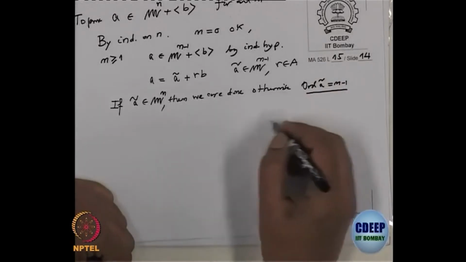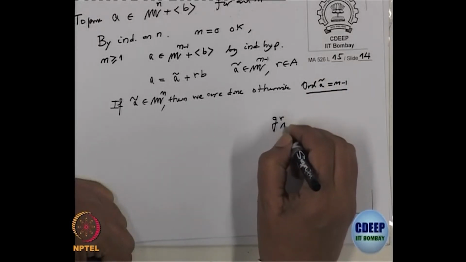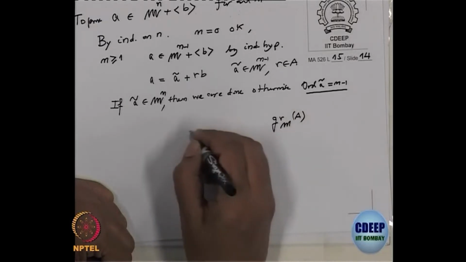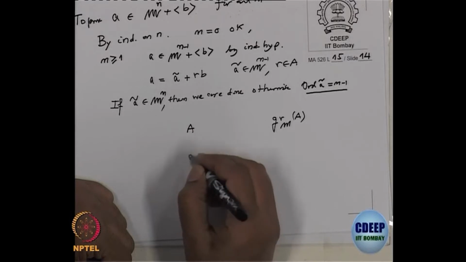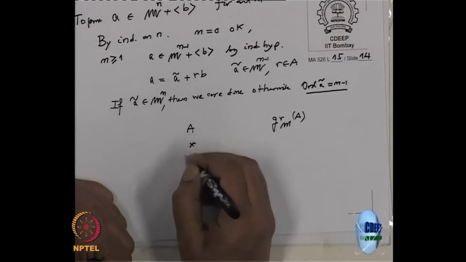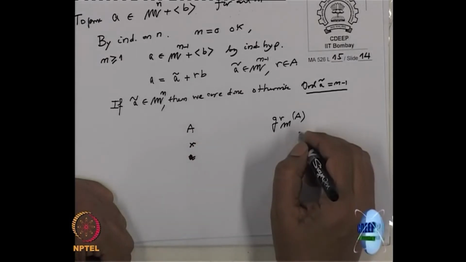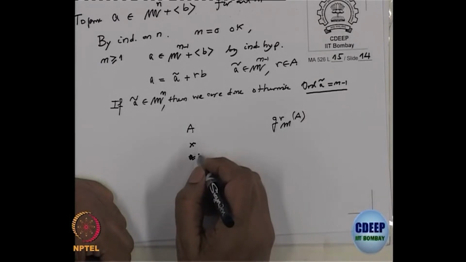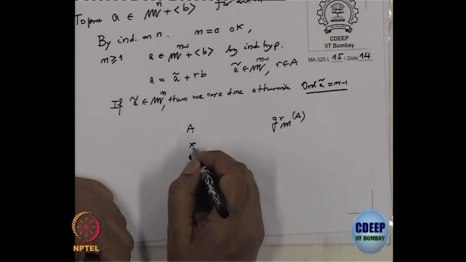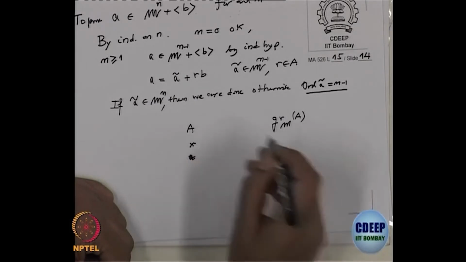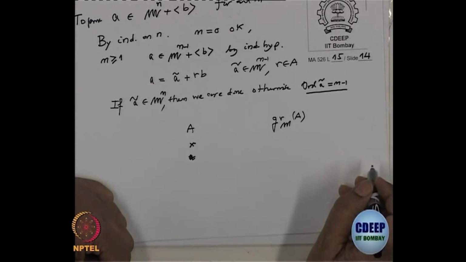So, we have a graded ring here, gr_m(A), and we have our ring here, and when we have an element, let us say x, how do you read it here? You have to first go to the highest power of m that x belongs to and then read mod the next power.